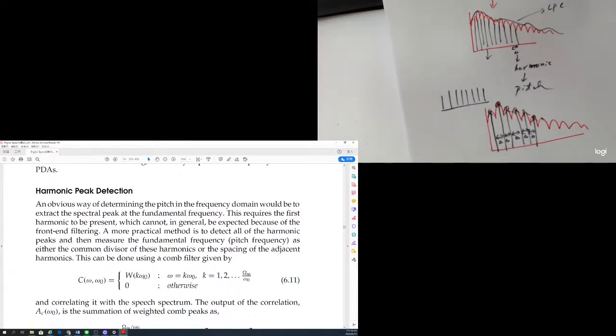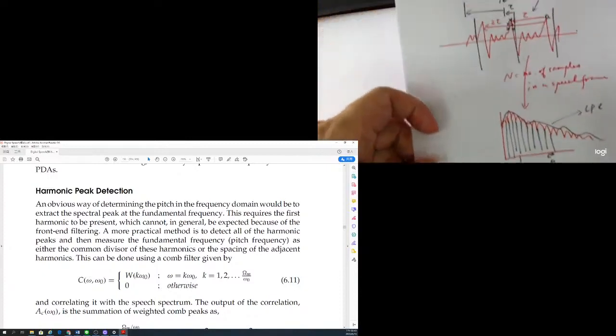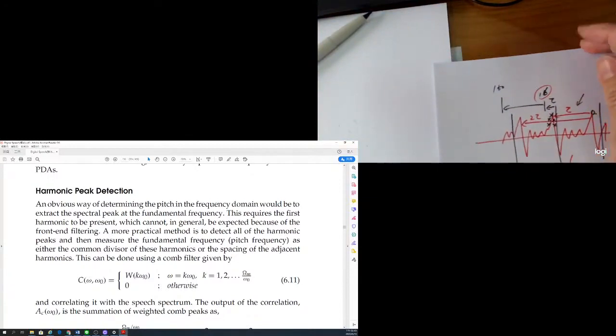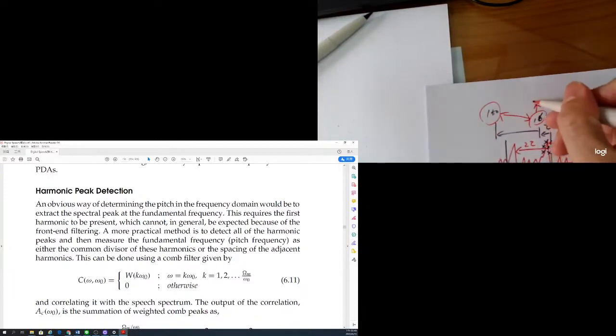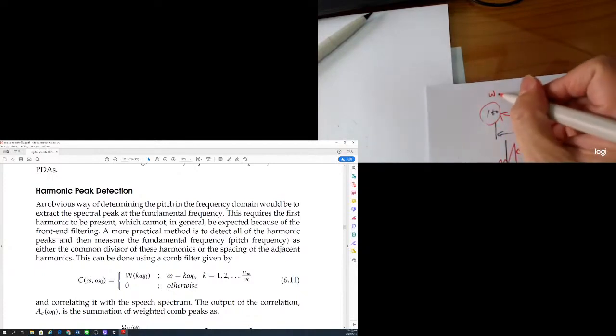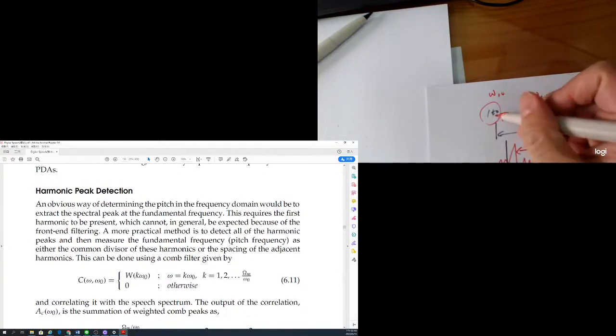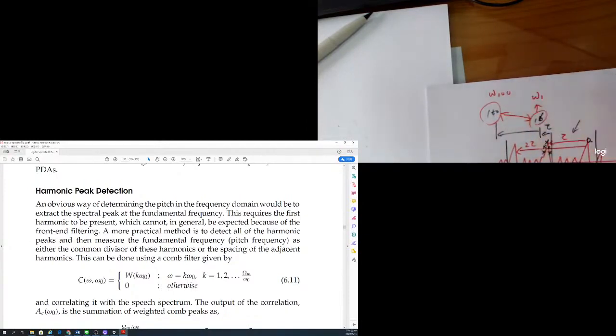In the time domain, the search region is 16 to 160. In the frequency domain, omega could range from 1 up to about 144.